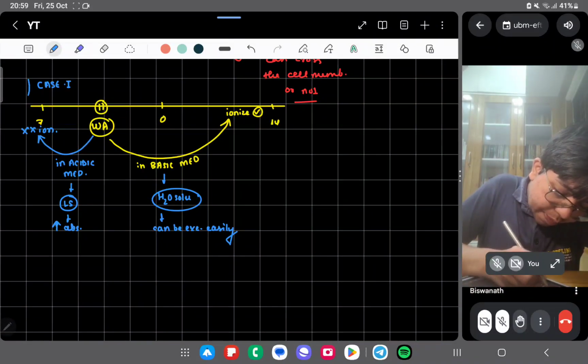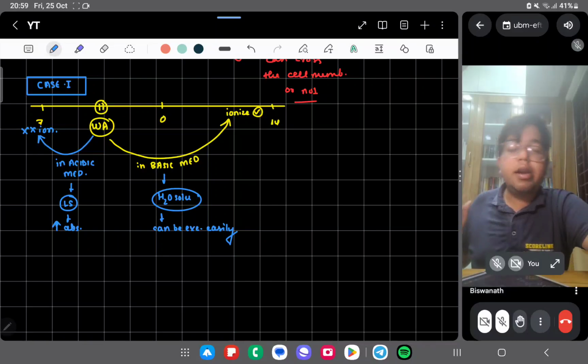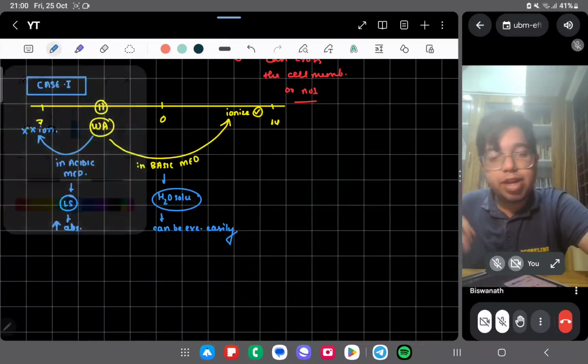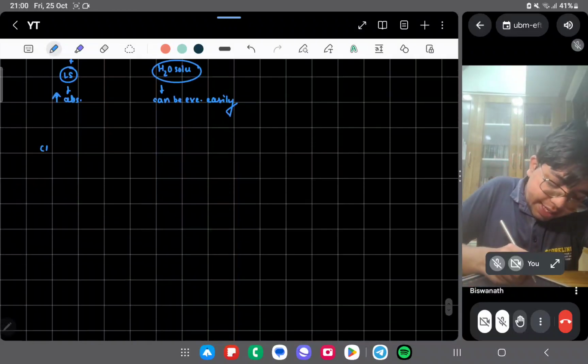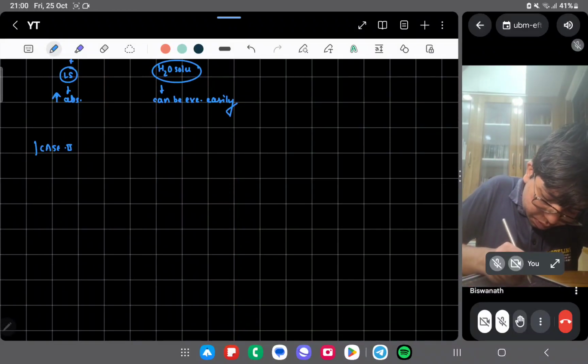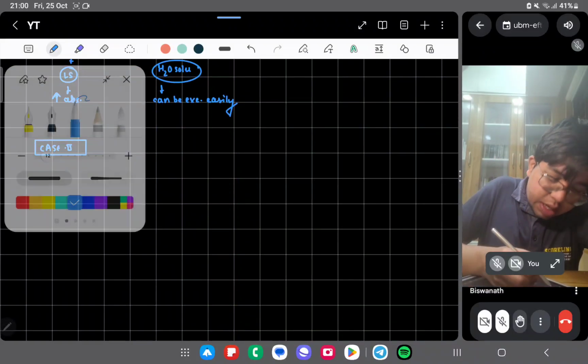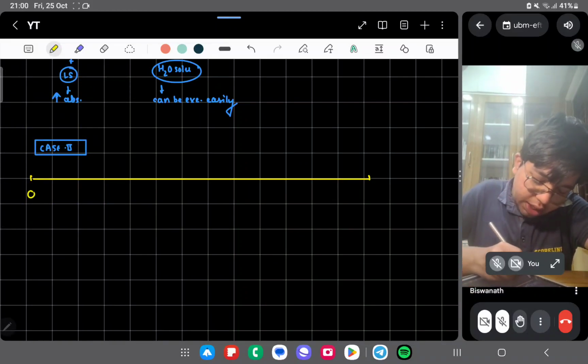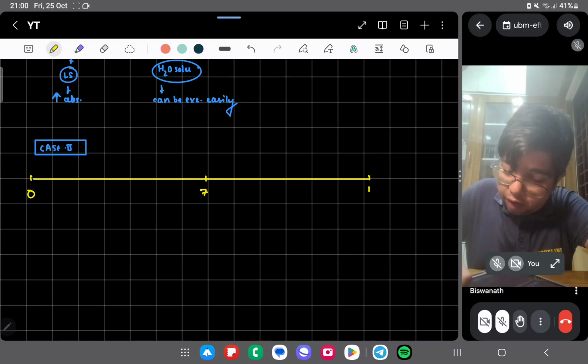We took the case of a weakly acidic drug. This approach is good, right? I'm sure you must have understood by this time. Let's take case 2, a weakly basic drug. Again 0, 7, 14.